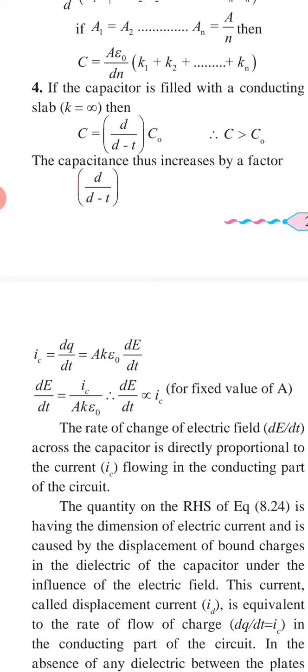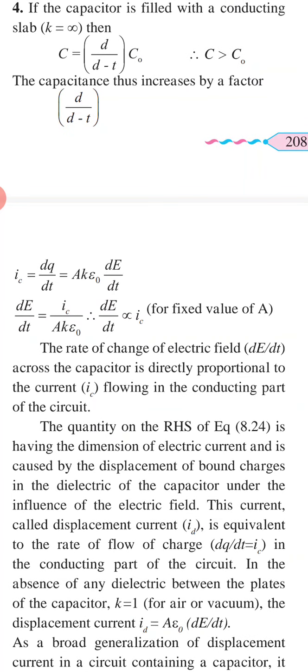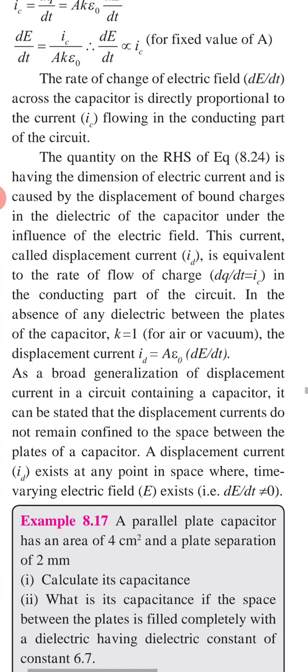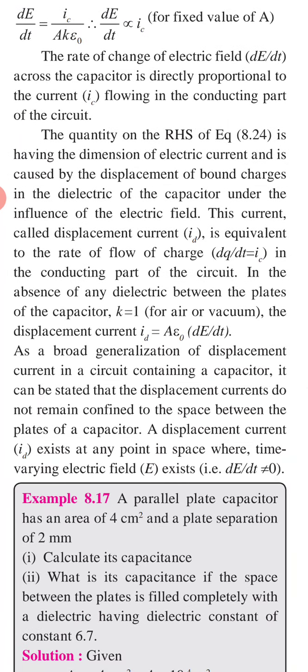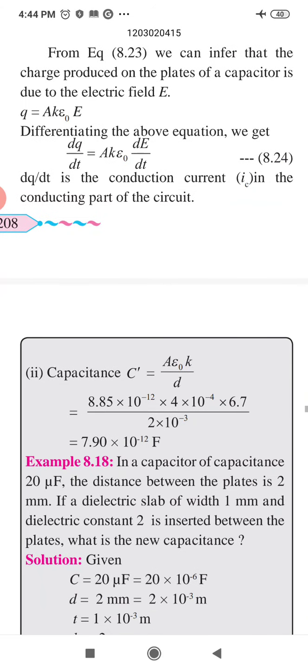So dE upon dt is proportional to IC for fixed values of E. In this way, the rate of change of electric field, that is dE upon dt across the capacitor, is proportional to the current IC flowing in the conducting part of the circuit.